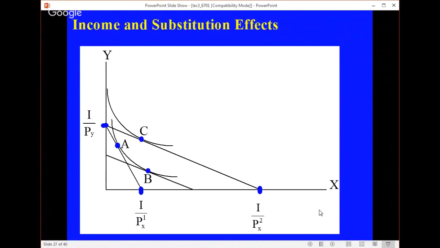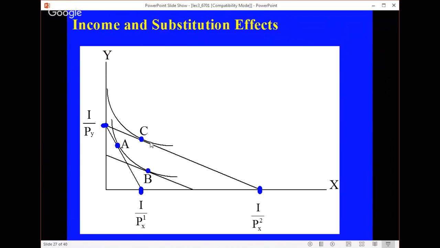So here, the same exercise we just went through. I start at point A, consuming. The price of X decreases, and I go to point C. I take money away from this person and put him on the old indifference curve at point B. The difference between what he was consuming here and here is the substitution effect.